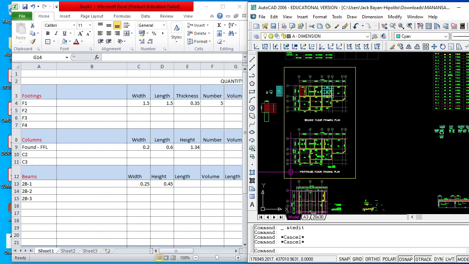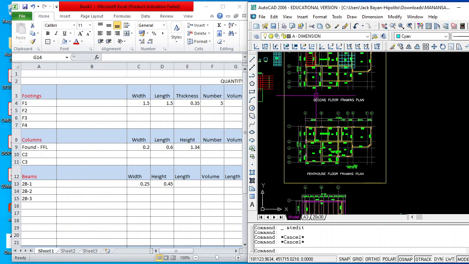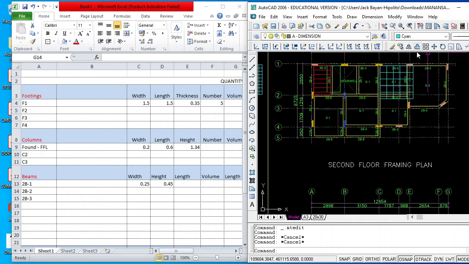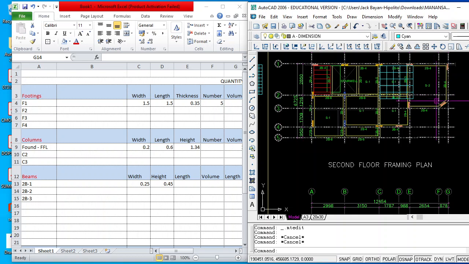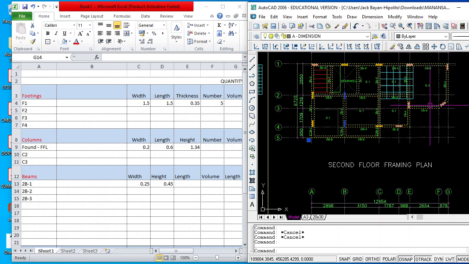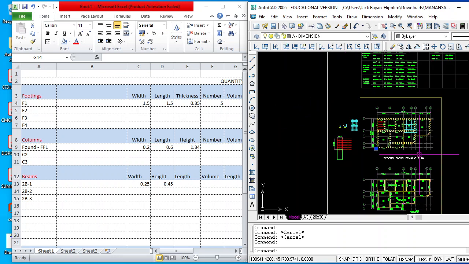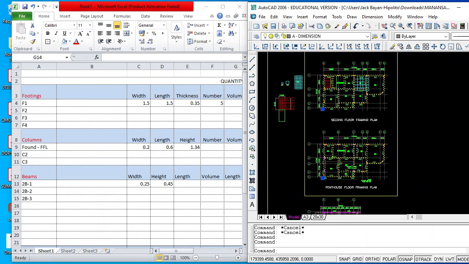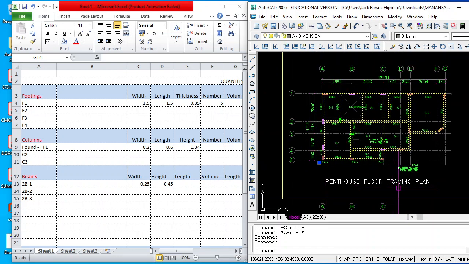You will focus on this part, wherein you have your yellow lines. The yellow lines will represent your wall for the second floor. And then your yellow line here represents your ground floor, penthouse floor framing plan. Okay?